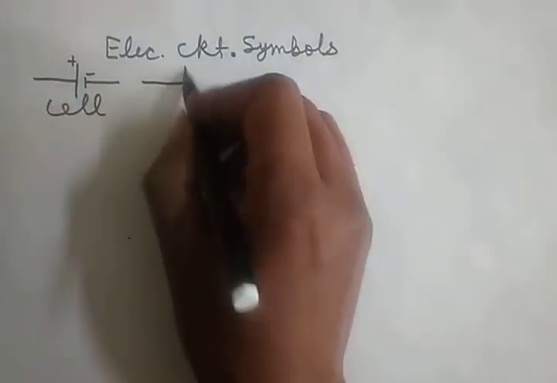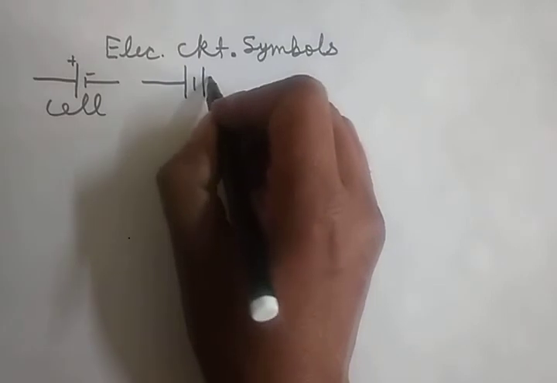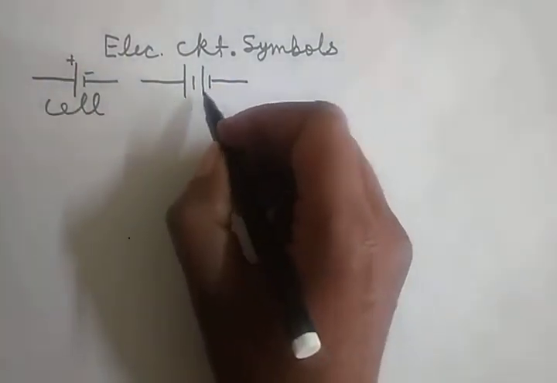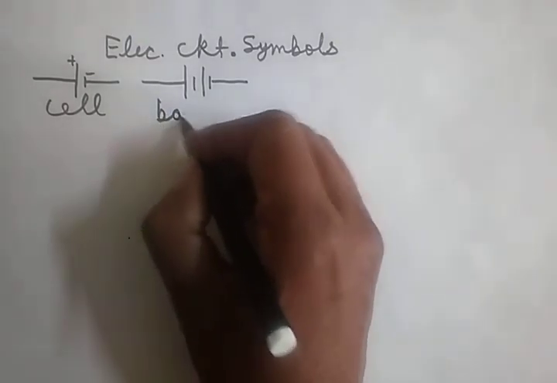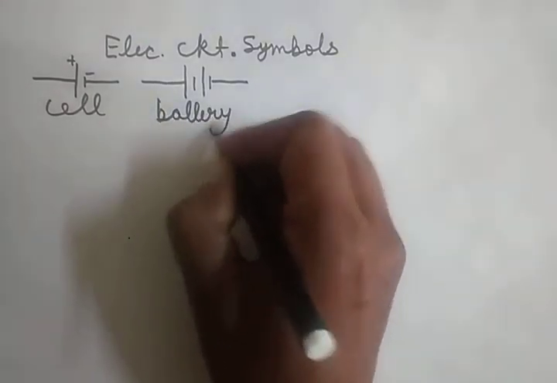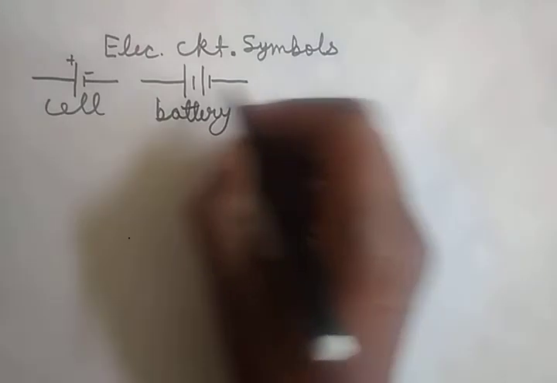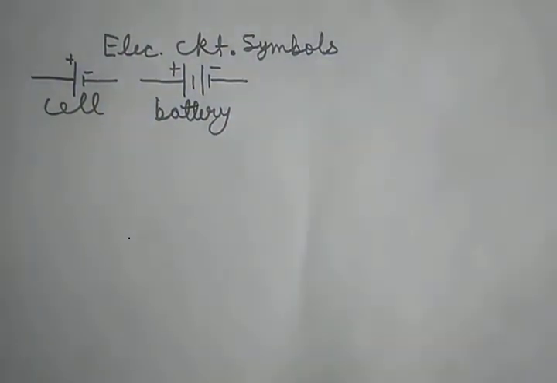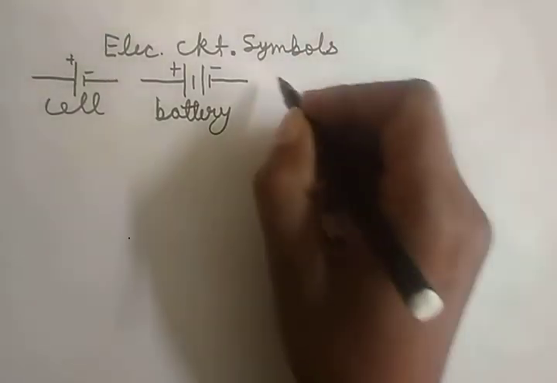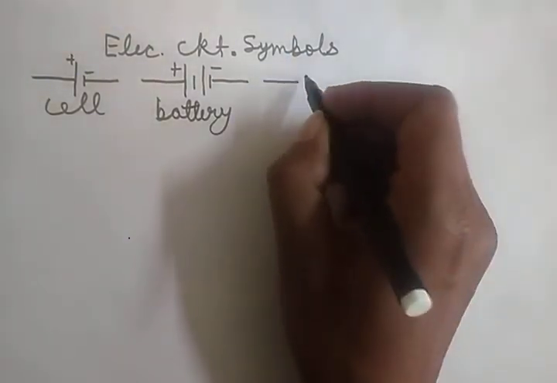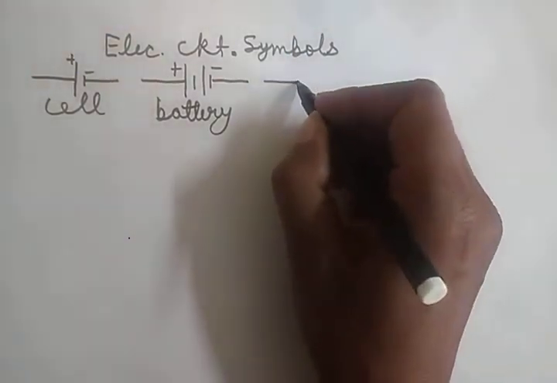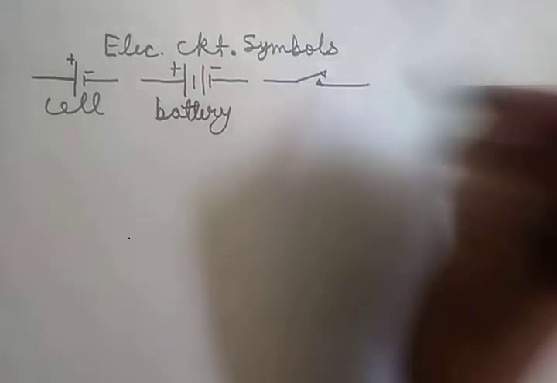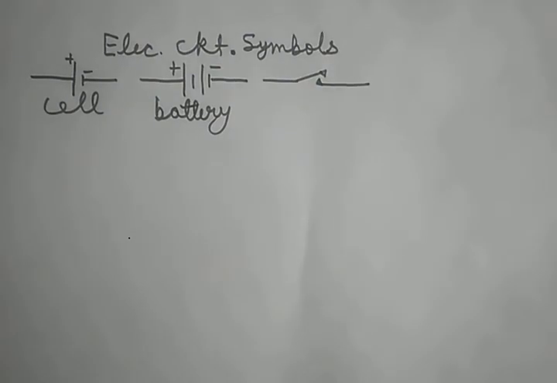And if there is more than one such cell, then we call it a battery. There can be many of them also, so I'm just saving my time by making two only. Next, there is an on off switch. This is how a switch looks like.